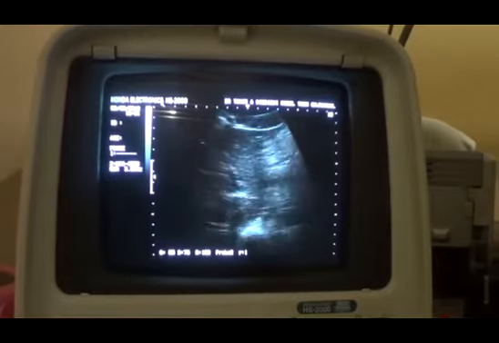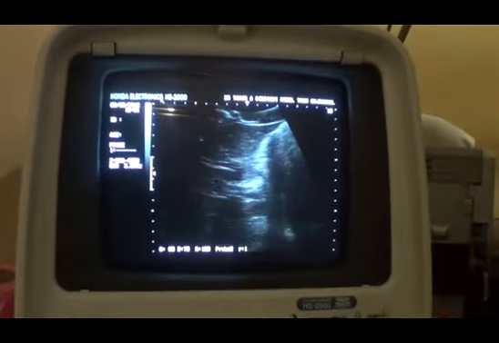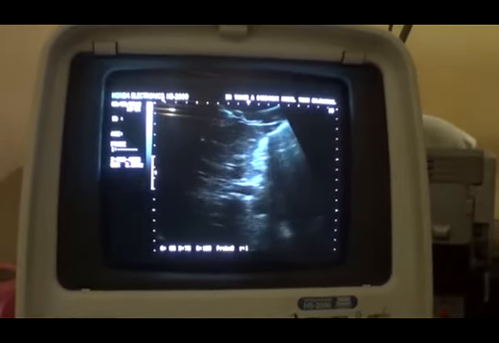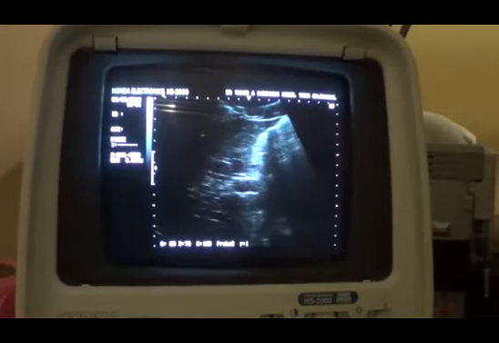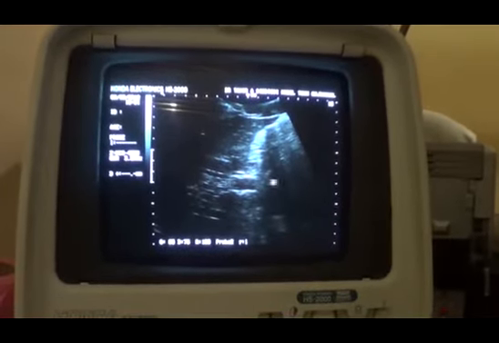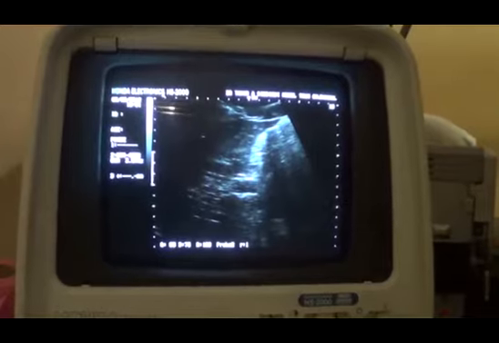Now this is the portal vein, the main portal vein.